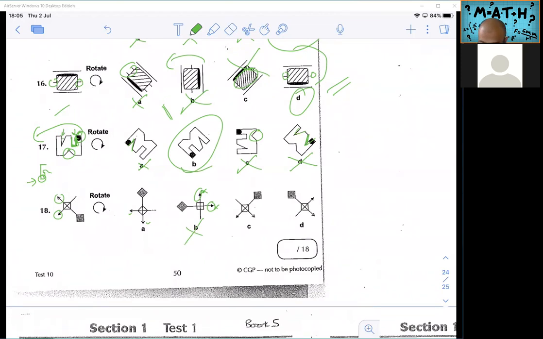If we turn this one around that way, these will not be on the left-hand side, so A is wrong. If we turn this shape around here, that looks good there, but the arrow's in the wrong place. These two have to be in a different position, so that's wrong. So it has to be D.